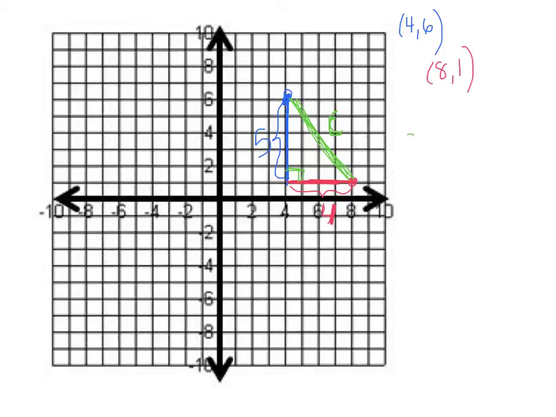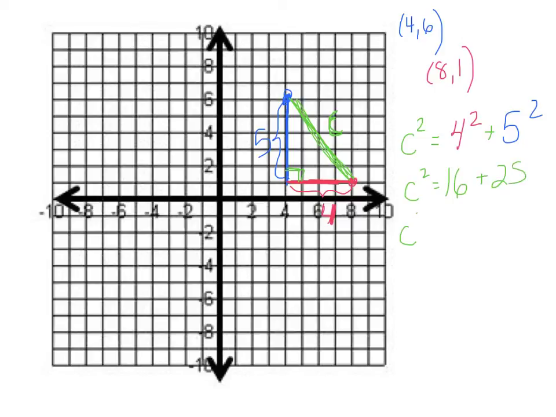Pretty much always you're going to have the 2 legs and be trying to figure out what C is. So if I want to find C, I need to square it, and that is going to be equivalent to my A squared plus my B squared. Once again, does it matter what A and B are? No. It just has to be the 2 legs. So then I'm going to go ahead and solve this. C squared is going to equal 16 plus 25.